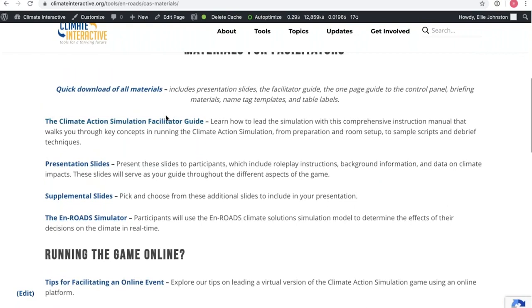The Facilitator Guide, which goes more in depth into a lot of what I'm describing here today. The presentation slides to support you as a facilitator in walking through all the different elements. This includes things like the prompts of what you want to ask your participants to do during each round. We also have supplemental slides. These include more slides on things like climate impacts and different trends we see in renewable energy.